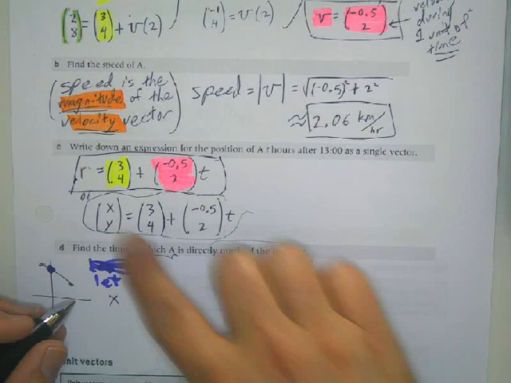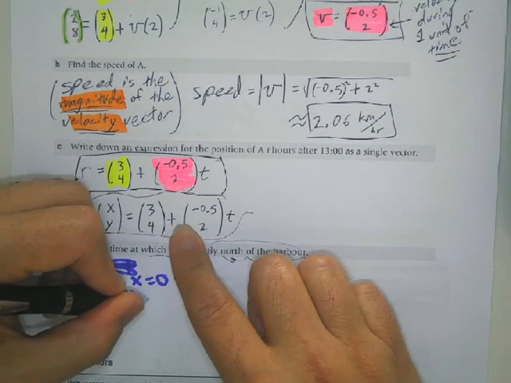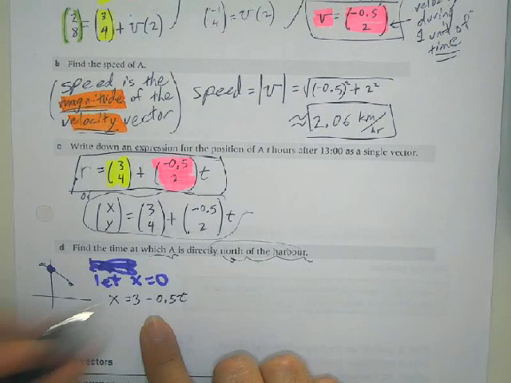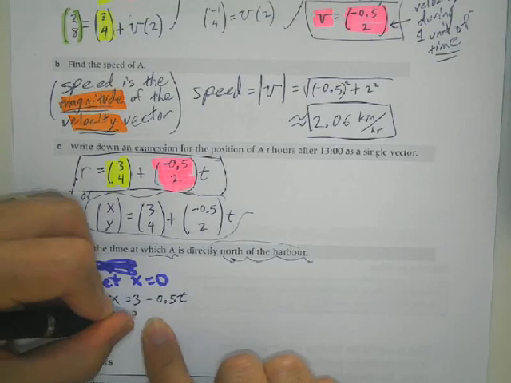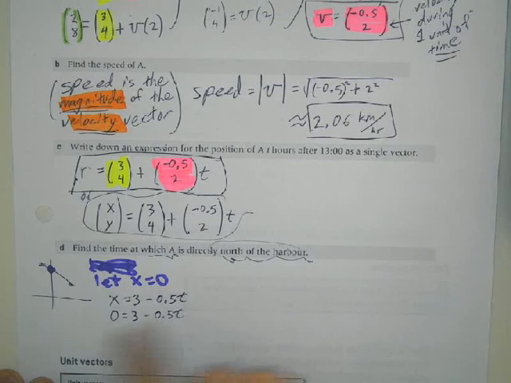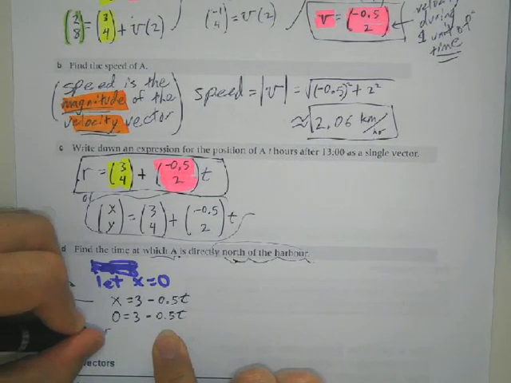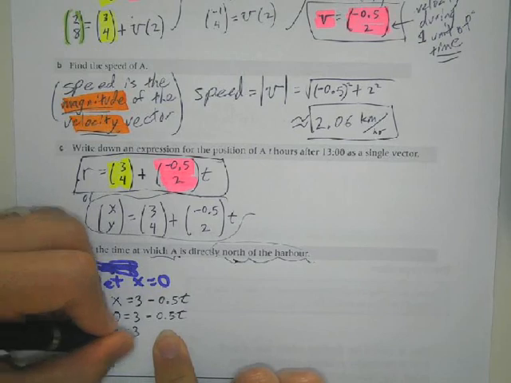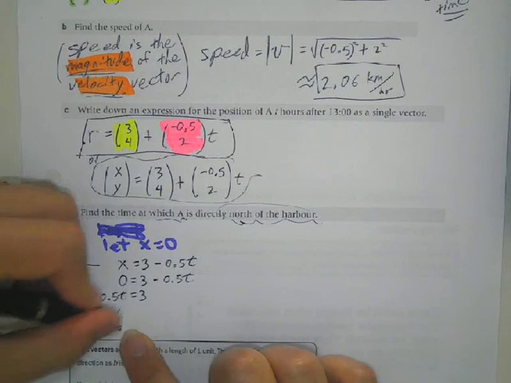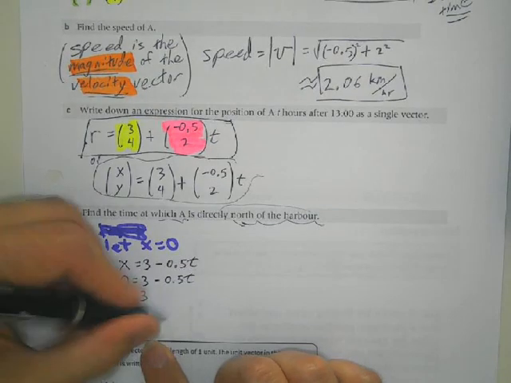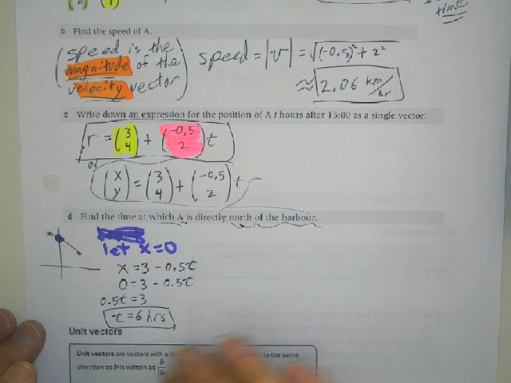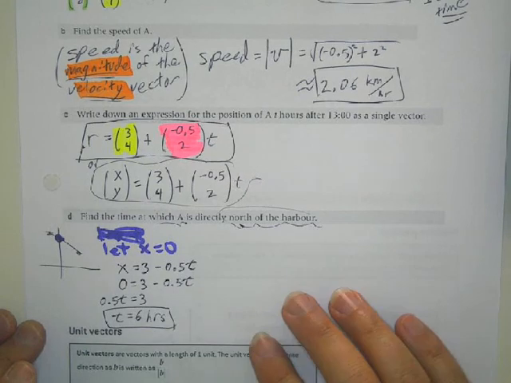I have x equals 3 minus 0.5t, right? And I'm going to make x equal to 0, so I have 0 equals 3 minus 0.5t. I can add 0.5t on both sides. 0.5t equals 3. And then I can divide both sides by a half, multiply both sides by 2, and we get 6 hours. So after 6 hours, we are directly north of the harbor.